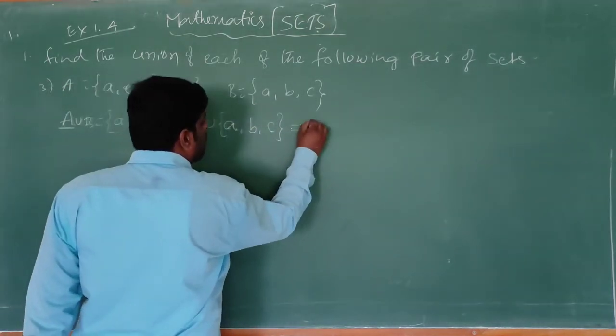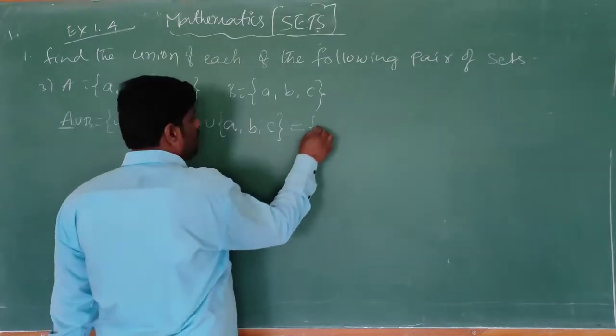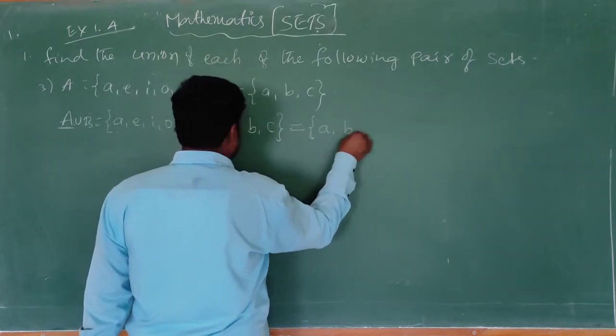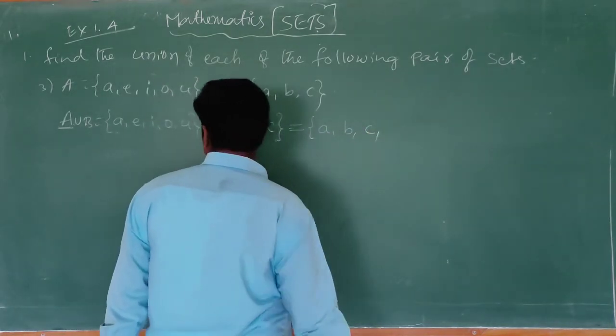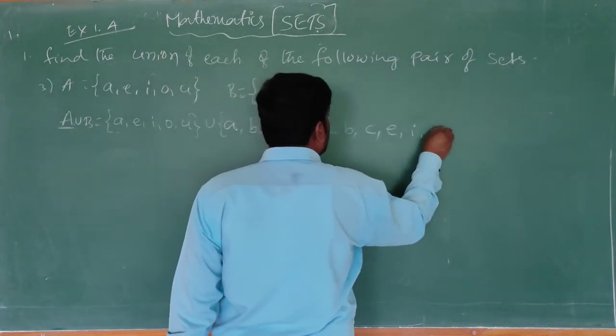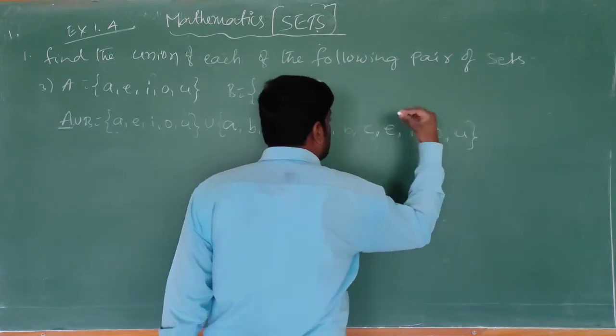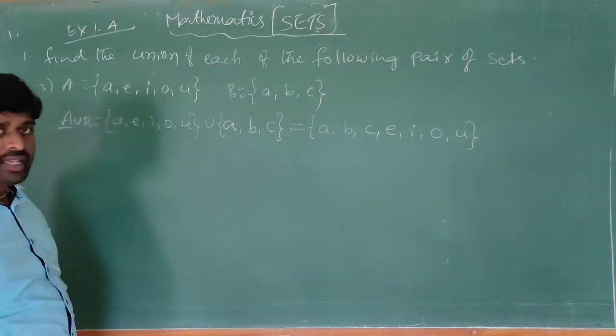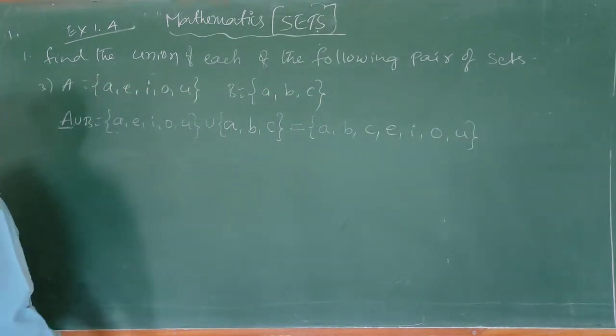Union means we should write together: a, b, c, e, i, o, u. This is A union B.